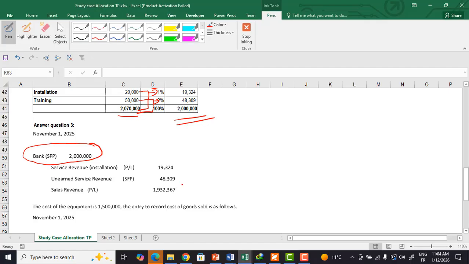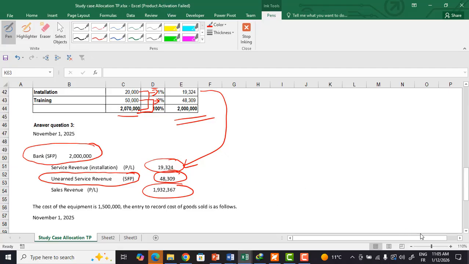Then the company should recognize the revenue for the equipment, because it was delivered, and also for the installation, because it was completed. Also, the company should book the unearned service revenue. This is a statement of financial position account, credited because the training will not be done yet. It will be done after the installation.